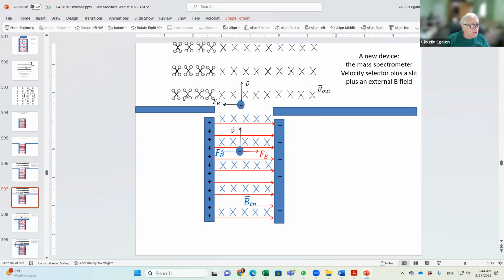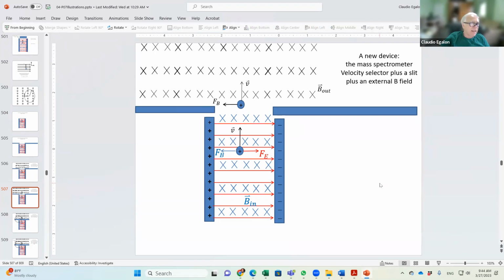That's how we build the mass spectrometer. I want to put the magnetic field a little bit further away here. Note V cross B is to the left. The particle is positively charged, not negatively charged.